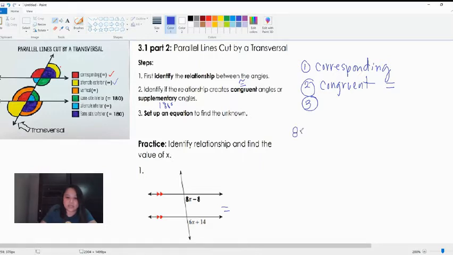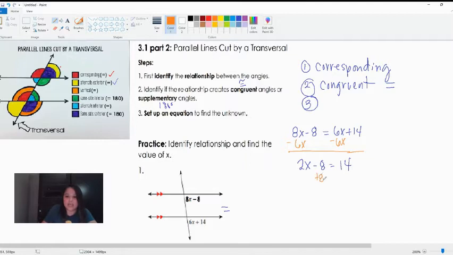So we have 8x minus 8 equals 6x plus 14. And so when we solve for this, we're going to do the same thing we've always done, where we're going to subtract both sides of the equation by 6x. And then we get 2x minus 8 equals 14.